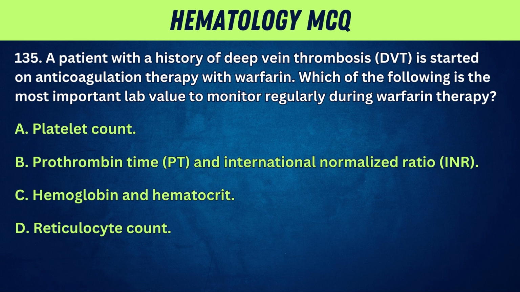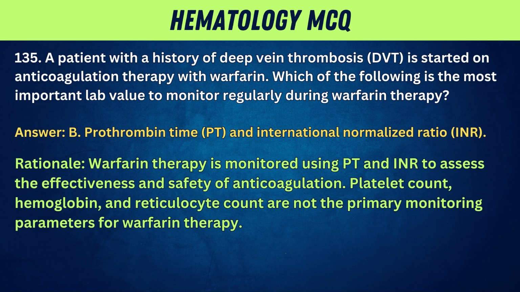D. Respiratory count. Answer: B. Prothrombin time, PT, and international normalized ratio, INR. Rationale: warfarin therapy is monitored using PT and INR to assess the effectiveness and safety of anticoagulation. Platelet count, hemoglobin, and respiratory count are not the primary monitoring parameters for warfarin therapy.